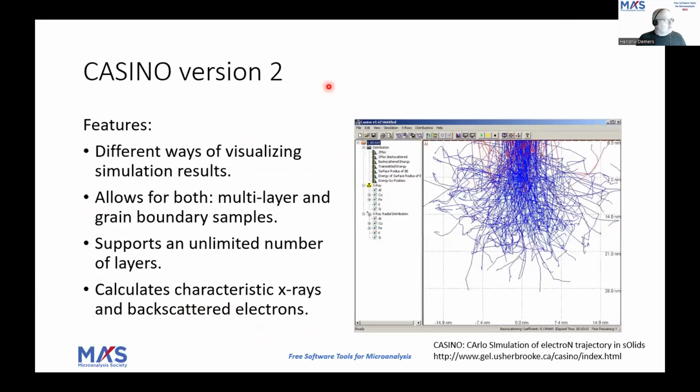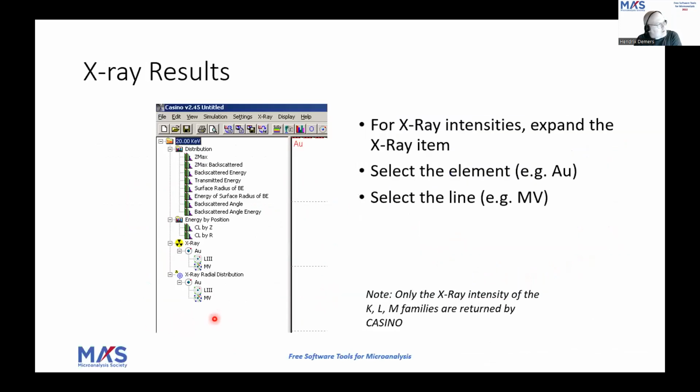Now, the main program that we're going to talk about today is Casino version 2. Like I mentioned, it's very useful for educational purposes, to see the 3D electron trajectory and interaction volume. It has a couple of fixed geometries: ball, multi-layer, grain boundary. And you can add as many layers as you want. It calculates the characteristic X-ray and the backscattered electron.